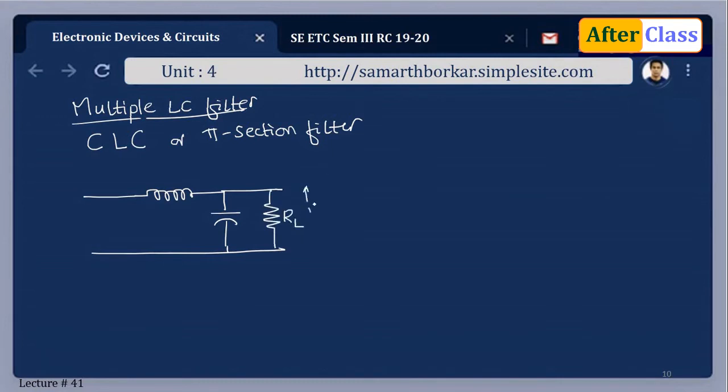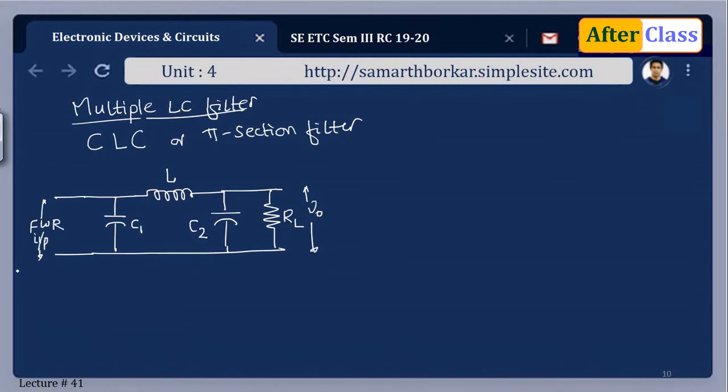So let me mark this as V naught, and here we have another capacitor. So this is C1 L C2, and input for this circuit is from full wave rectified signal. Okay, full wave rectified input.